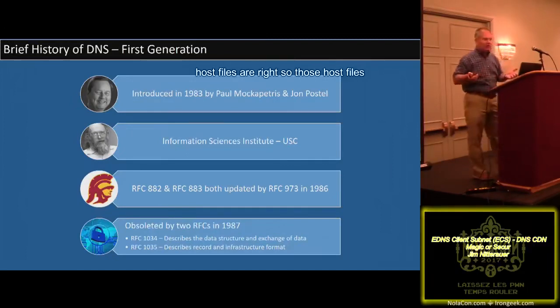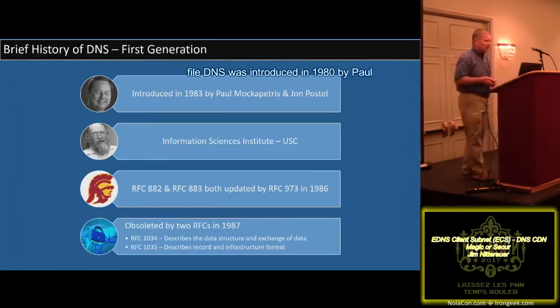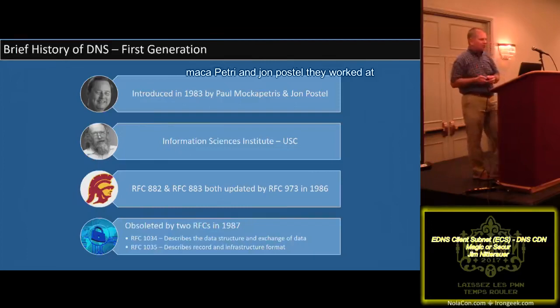Well, you all know what host files are, right? So those host files used to be the only way DNS worked. There was a key group of host files that were exchanged among servers. Somebody took care of those servers. If you wanted to add another server to your network, you had to go in and manually edit the host file.